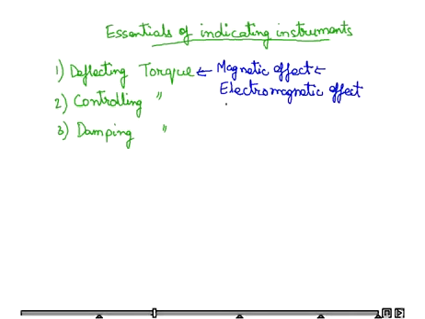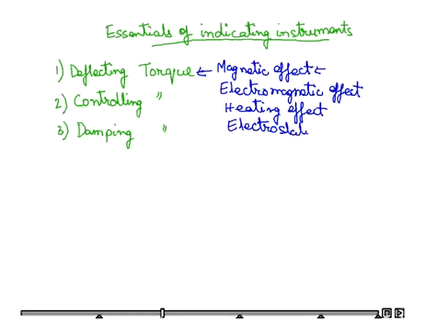So third is heating effect. These are the effects which can be used to produce the torque. And electrostatic effect.